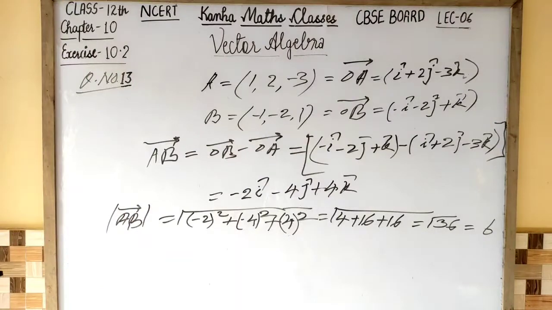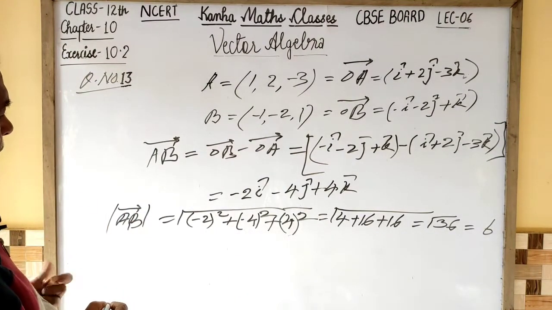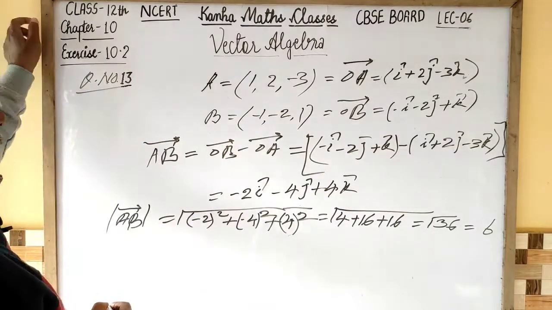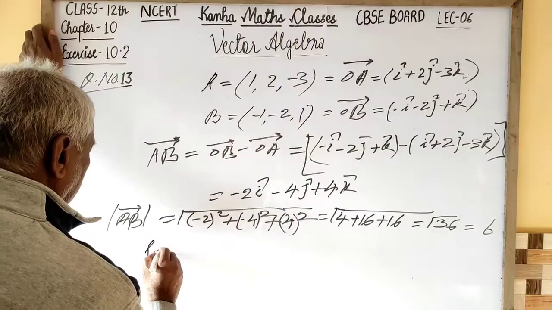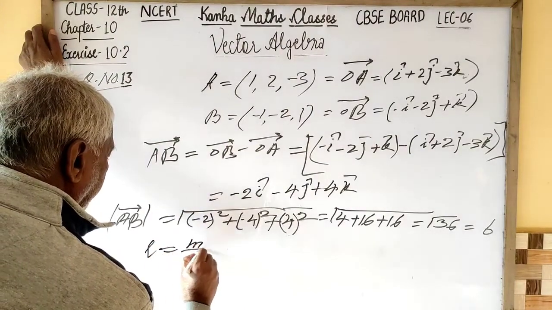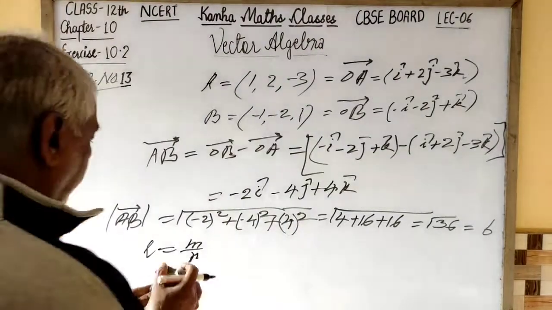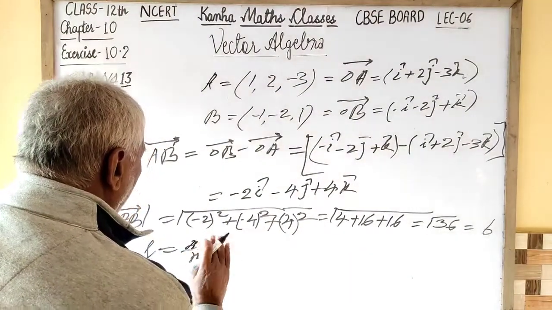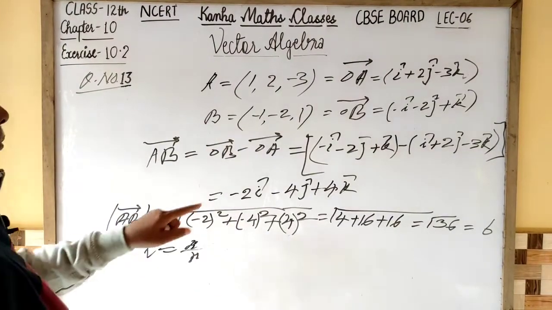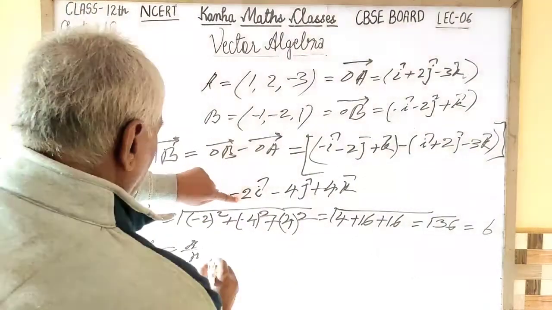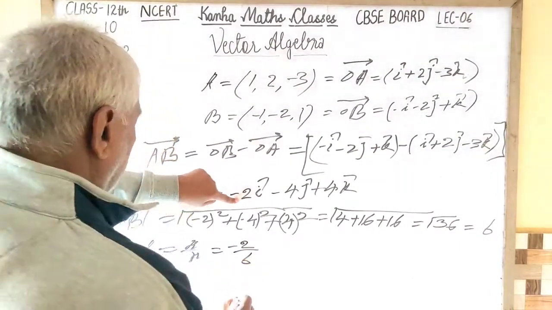We have already cleared the idea of direction cosine in the earlier question number 12, that l is equal to x by r, and what is x? Minus 2, so minus 2 by 6.